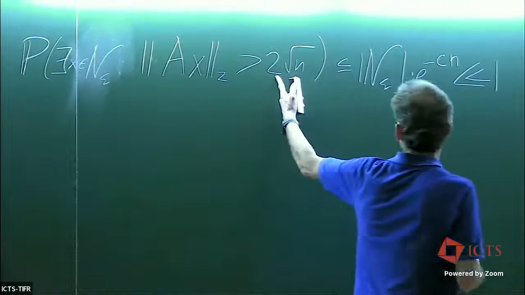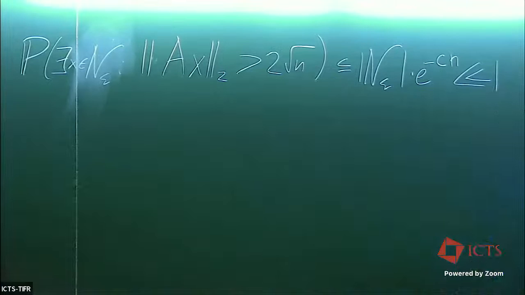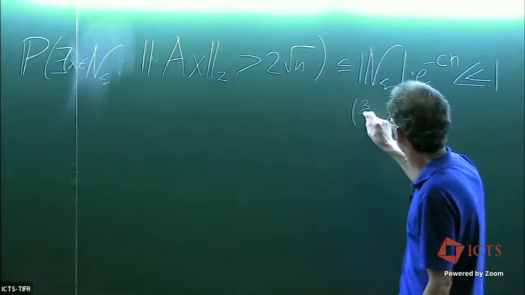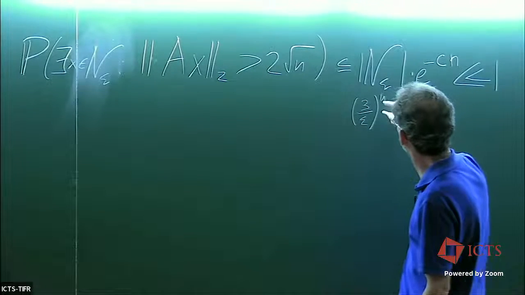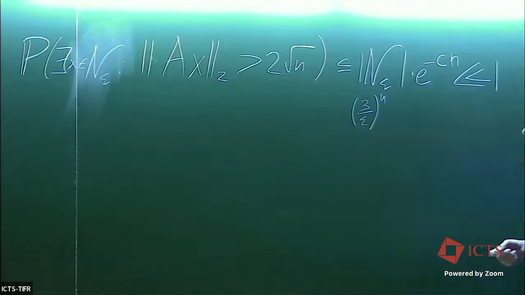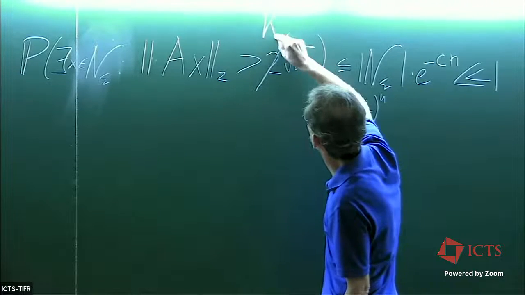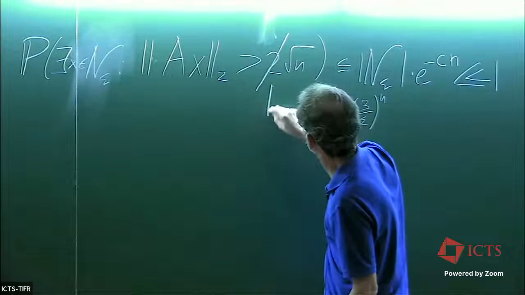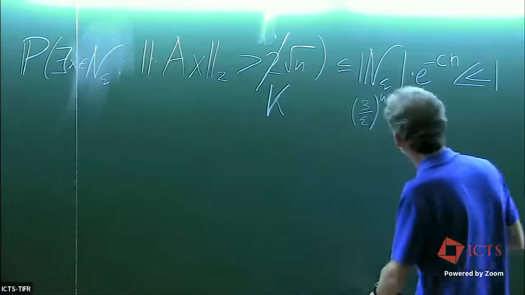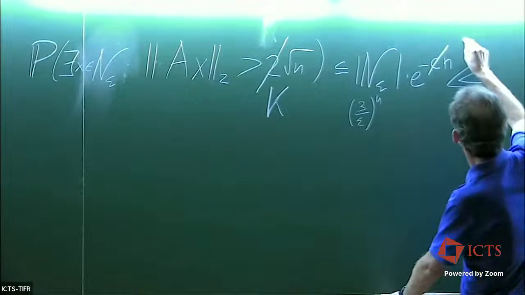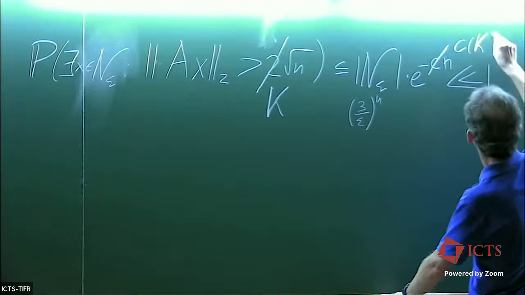If the constant is just 2, we are not sure about it. Here I have 3 over epsilon to the power n, but I have some flexibility. I can replace this 2 by a larger constant, some constant k, and then this c is going to be replaced by c of k.